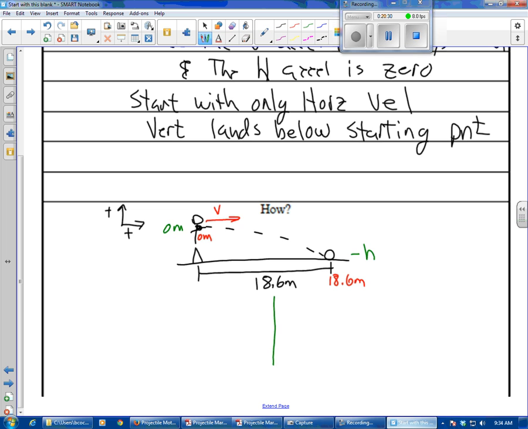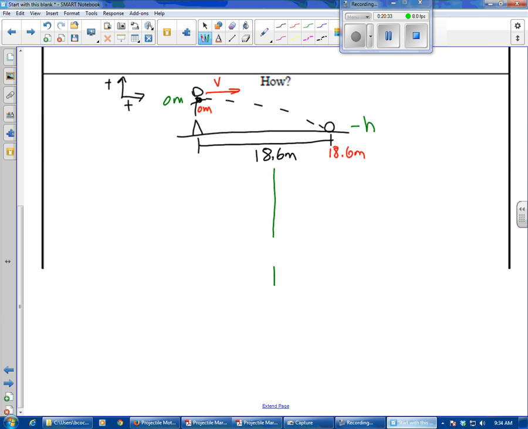So let's start this time on the horizontal side, and I'm going to just think about the things that I know. Horizontal side. I know that x naught for horizontal is 0 meters. It goes out to 18.6 meters.